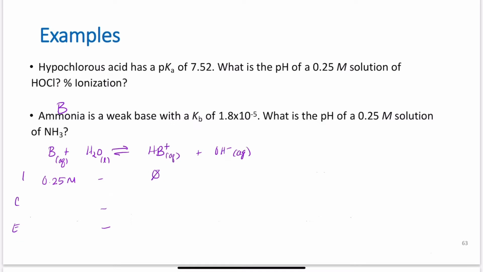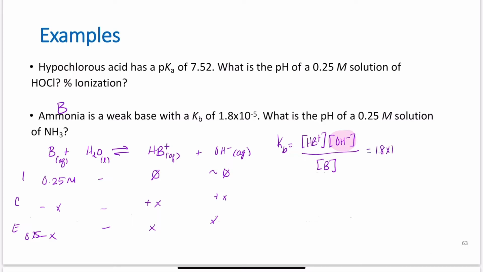I don't have any of my conjugate acid present, and I have approximately no hydroxide present. Set up your Kb expression. Again, we need Kb here because we've got your conjugate acid times hydroxide concentration divided by the base. Whenever you see hydroxide in the numerator, you know you need Kb.